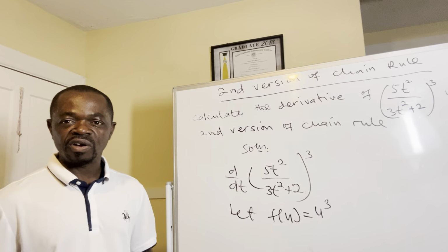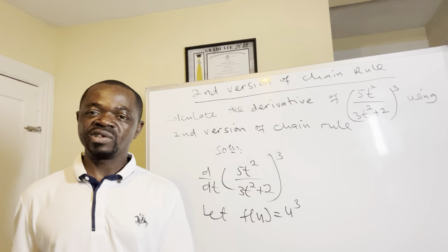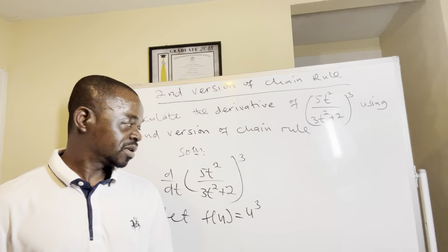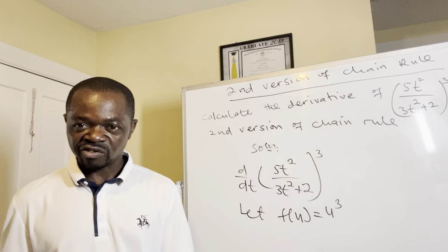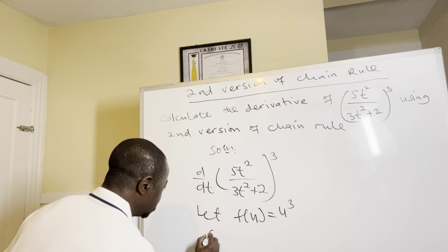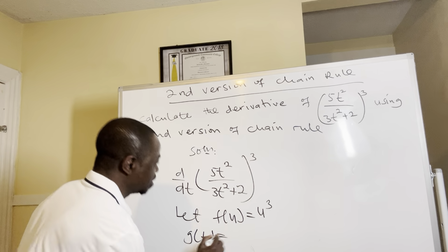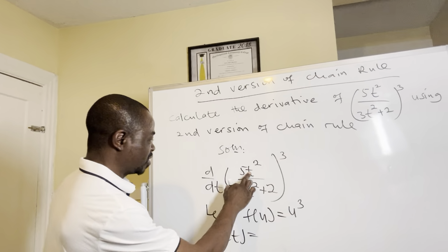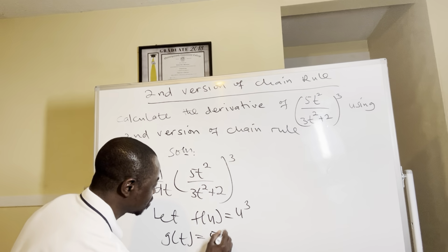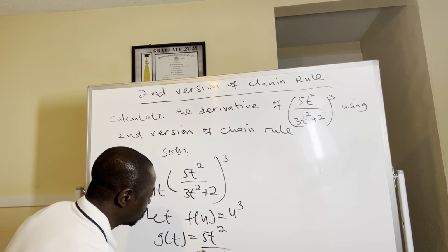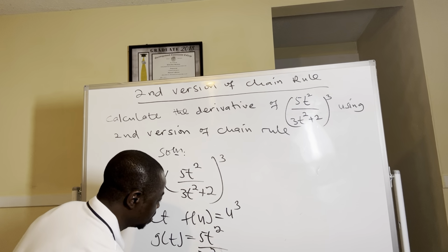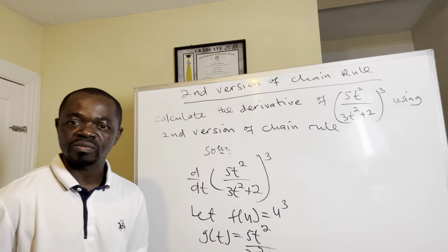Then our inner function, which we can represent as g of t, which is the same thing as u. So g of t is equal to the inner function, which is 5t squared all over 3t squared plus 2.